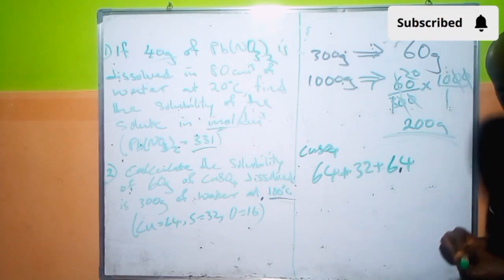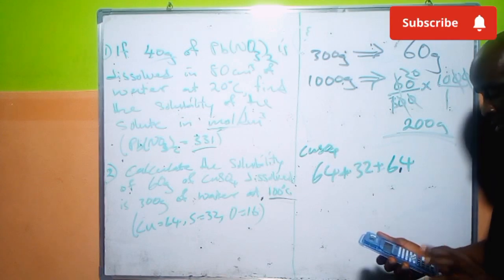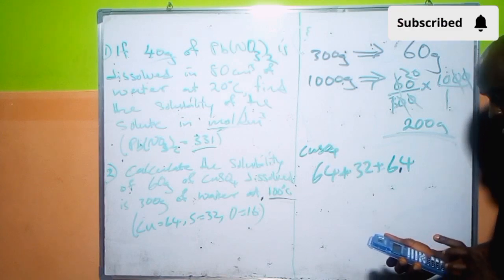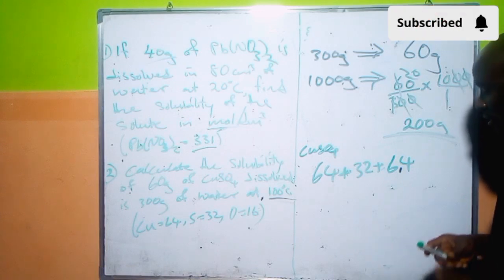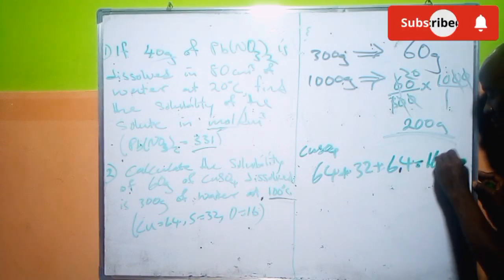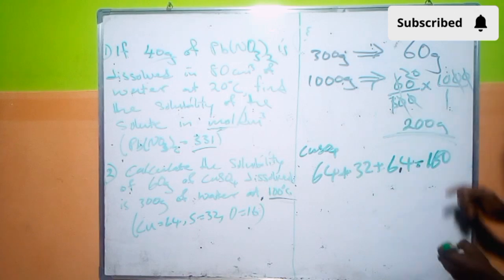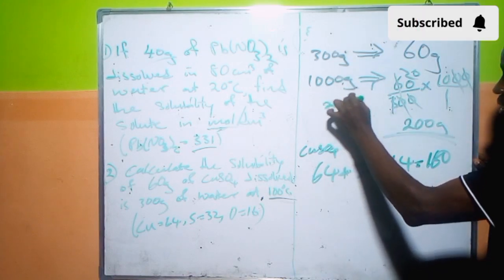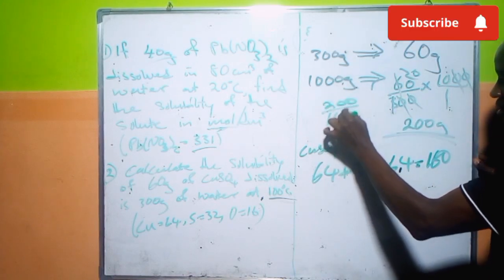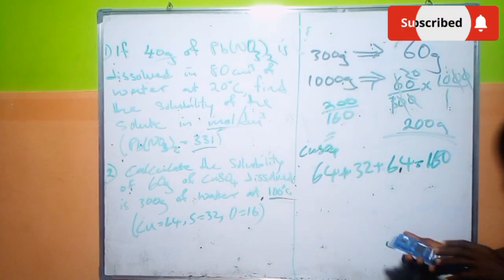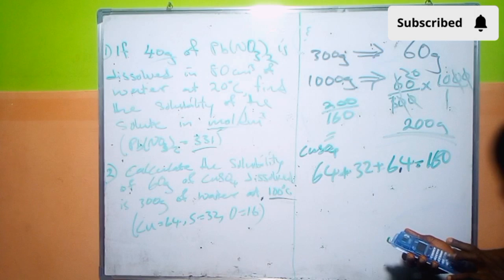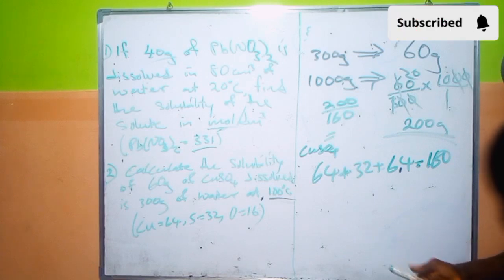So we add up. By adding up, plus, so we have 160. So to get the solubility now, what do we do? 200 divided by 160. So that will give us 200 divided by 160.